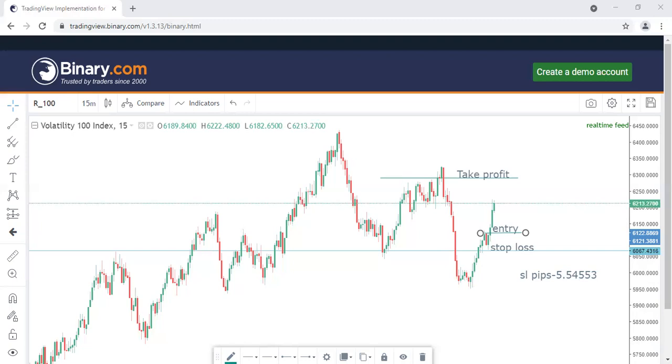So let me just do something now. Currently price is at 6213.24. That's where price is currently at. Let me just use 6214.00, and then we entered at 6122.8869. If you want to calculate the number of pips price has moved, what you just do is 6219.00 minus 6122.8869.